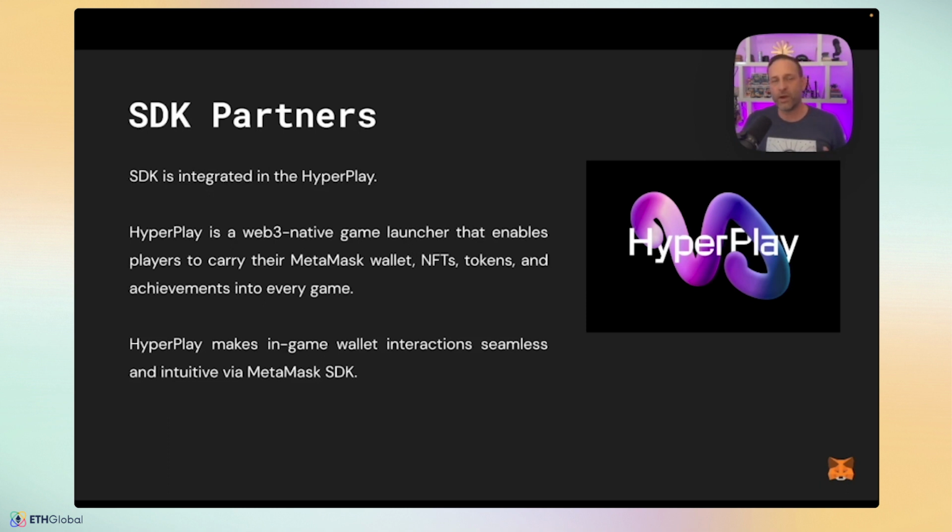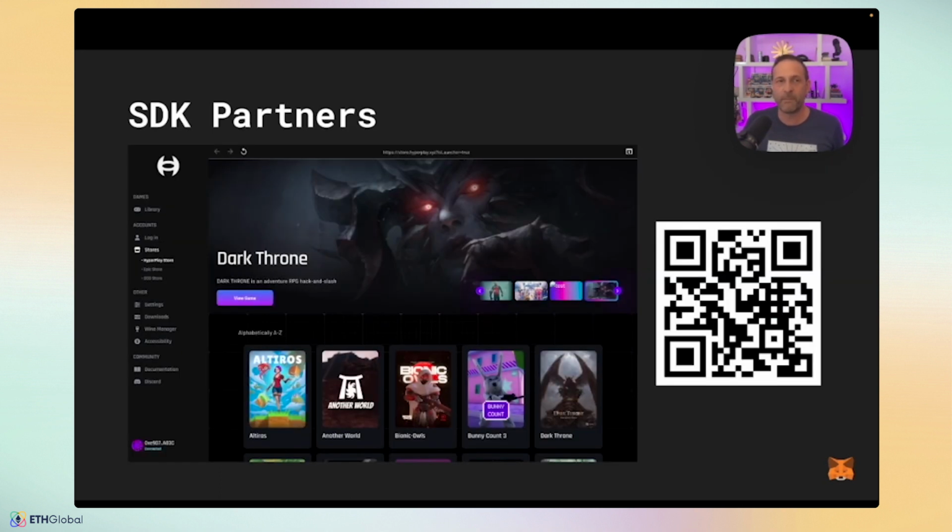We also have a great partner in Hyperplay. Hyperplay is a Web3 native game launcher that enables players to carry their MetaMask wallet, NFTs, tokens, and achievements into every game. Hyperplay makes this in-game wallet interaction seamless and intuitive, and at the heart of that is the MetaMask SDK. Here's just a quick look at what the Hyperplay game launcher looks like, and also a QR code if you want to check them out.